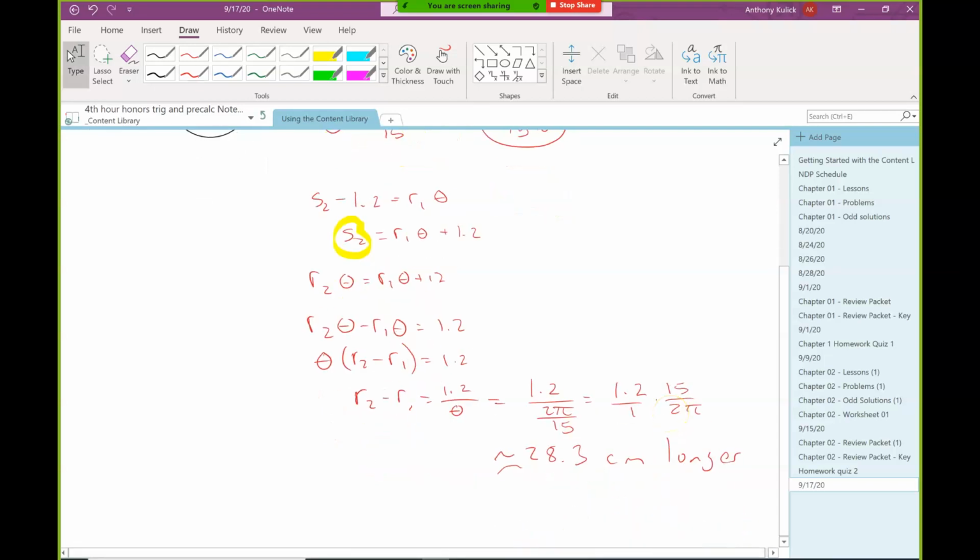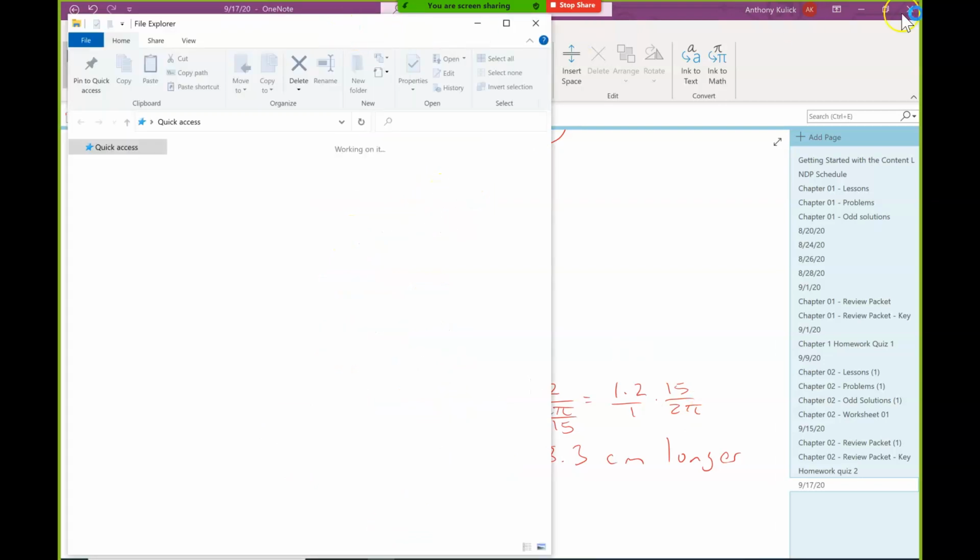Or that difference is about 28.3 centimeters. Is that right? I guess I could look up the answer, huh? Feels like that's what I'm supposed to do.